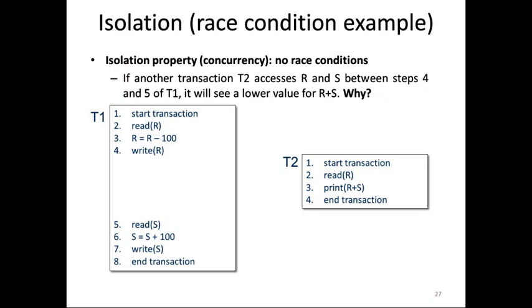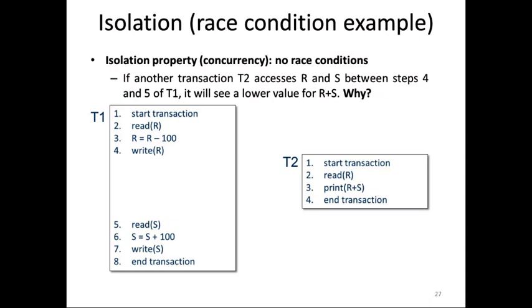If we first execute the bank transfer and then we execute the read that sums the two accounts, at the end T2 will read the value 2000, which is the same value that T2 would see if we were to execute the transactions serially in the opposite order, first T2 and then T1.